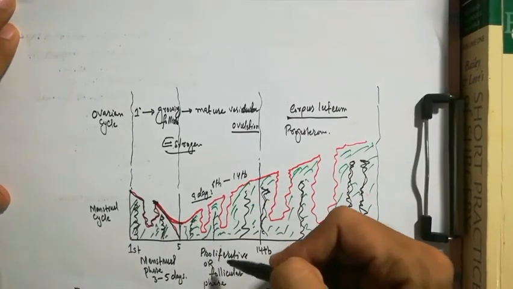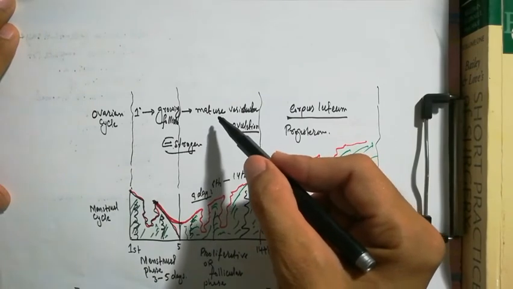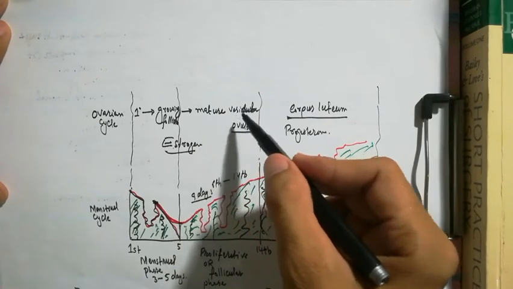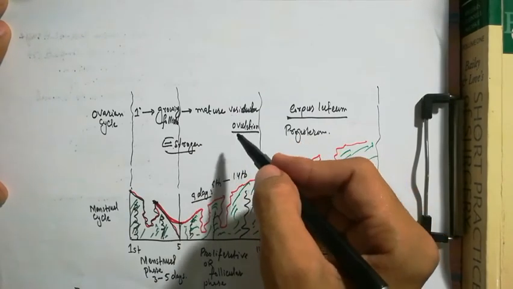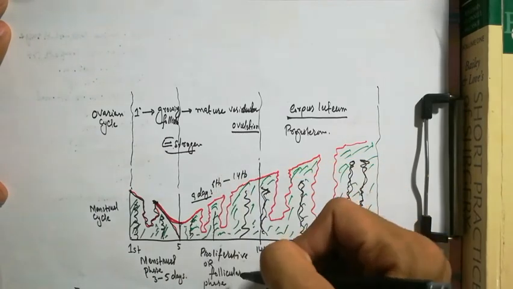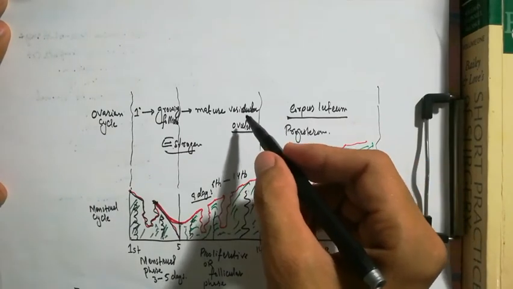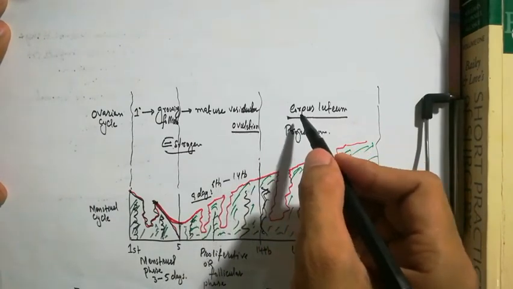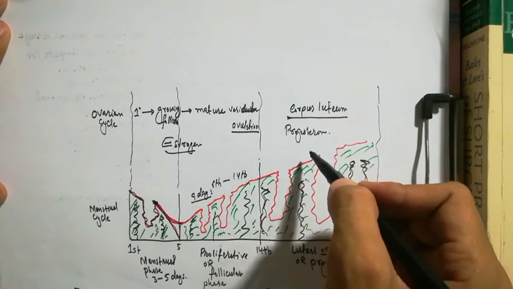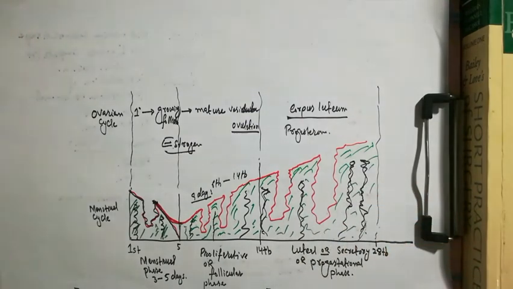During the proliferative phase, when the mature vesicular follicle is formed, then due to the luteinizing hormone surge, the follicle ruptures and the oocyte is released. Means ovulation occurs at the end of proliferative phase, and then the empty Graafian follicle forms corpus luteum. The corpus luteum secretes progesterone and estrogen, which act on endometrial tissue.